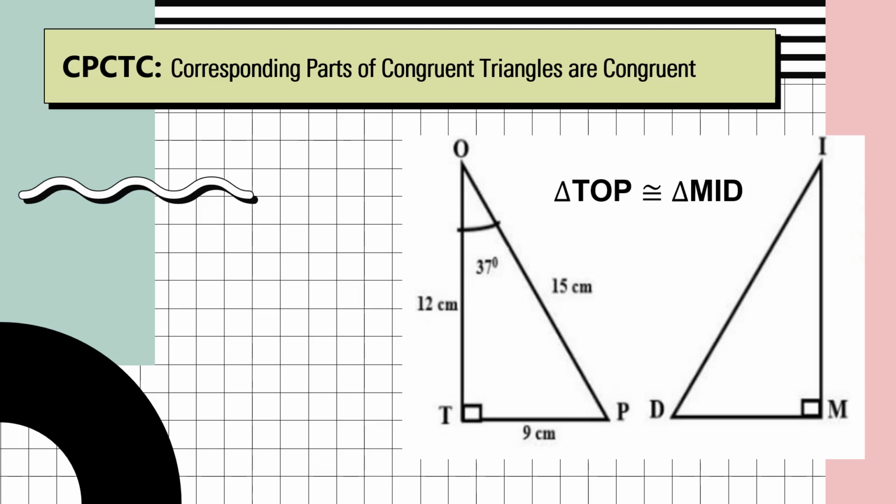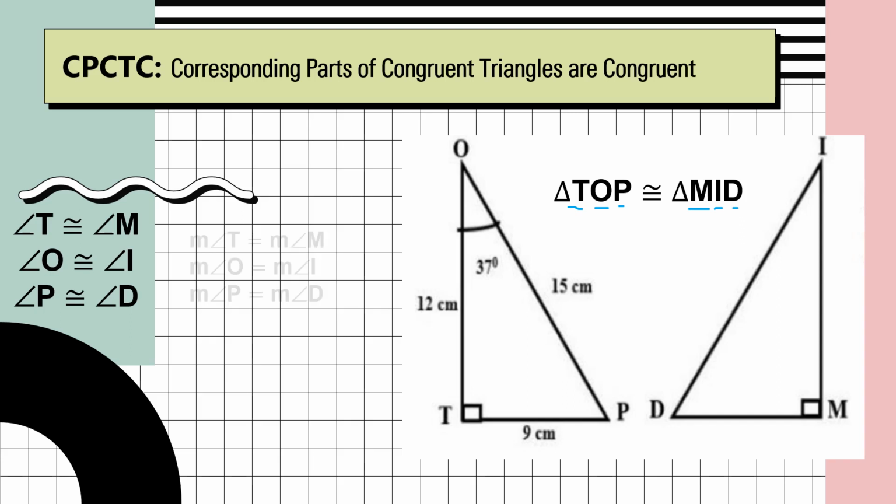Okay? So here is the same example na meron kayo dun sa inyong material na sinend namin sa inyo. Ayan. Okay? So again, we have two triangles at ang given ay triangle TOP is congruent to triangle MID. Okay? So, based again dito, the way it is written, okay, we've identified that angle T is congruent to angle M, angle O is congruent to angle I, and angle P is congruent to angle D. Okay.